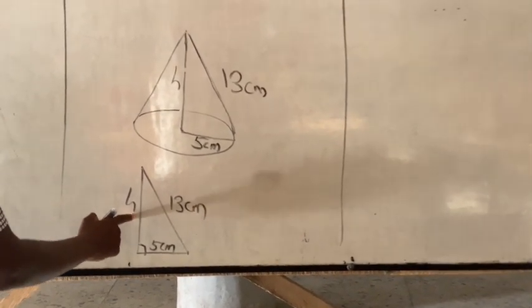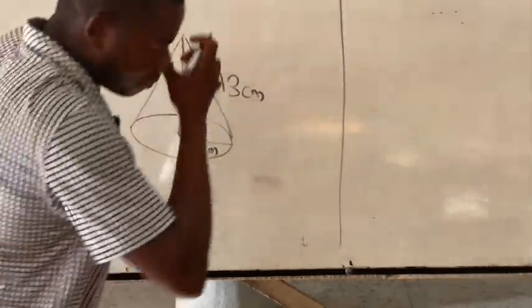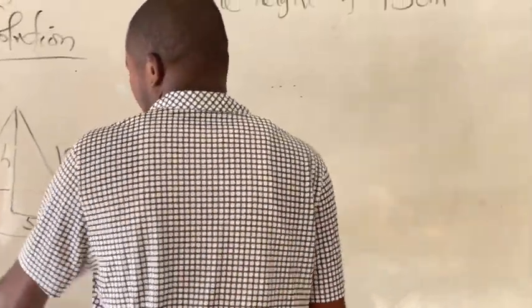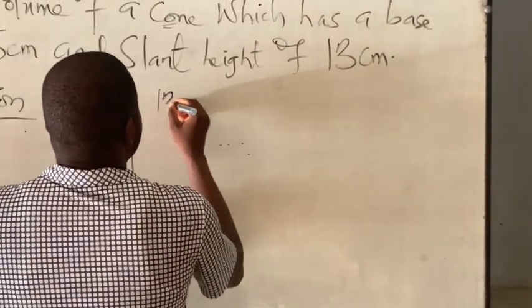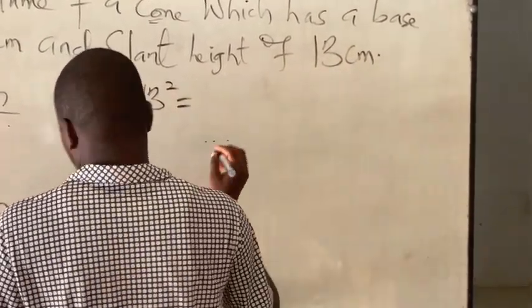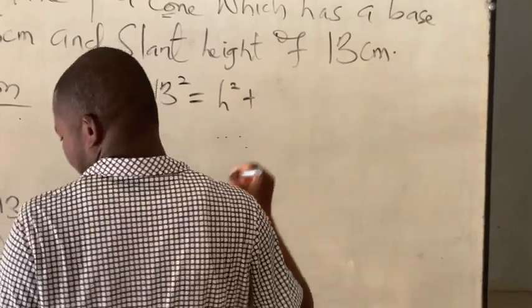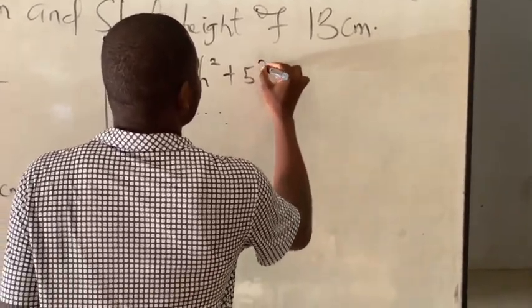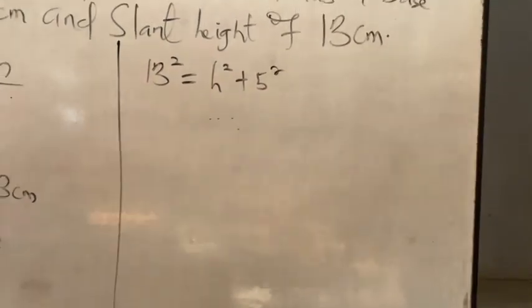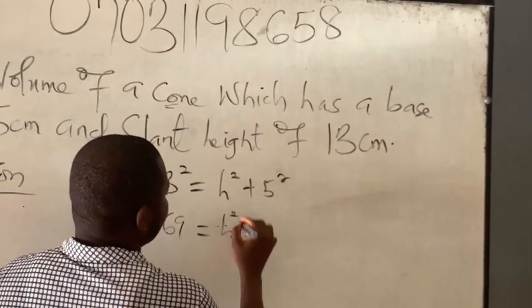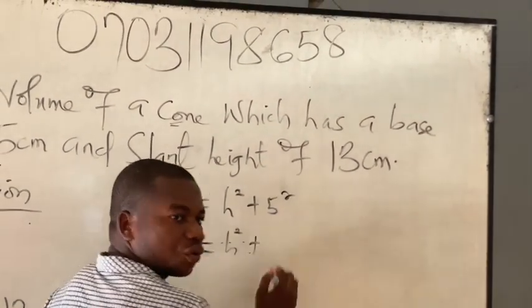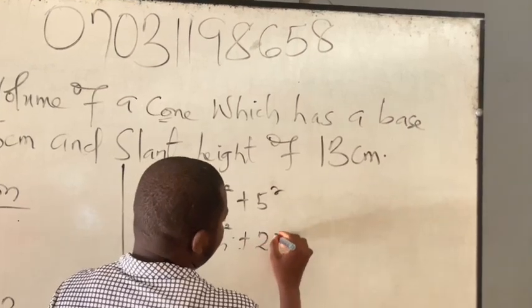So we're going to find this height. For us to get the height, we need to apply the Pythagoras theorem. By virtue of that, we have 13 squared equals h squared plus 5 squared. That is Pythagoras law. 13 times 13 gives 169, equals h squared plus 5 squared. 5 times 5 is 25.